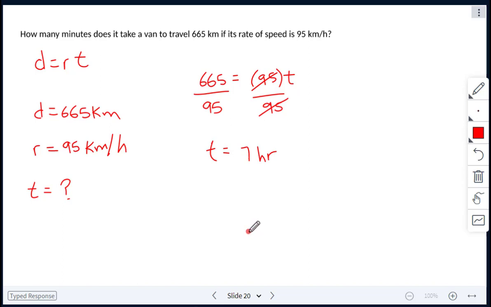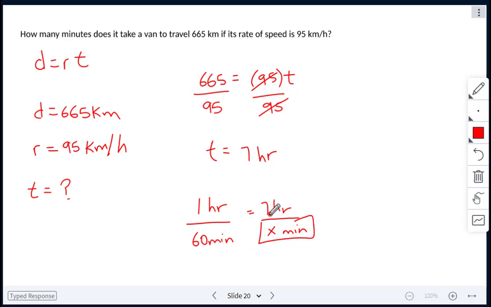So we know 1 hour has 60 minutes. Okay, and then 7 hours is X amount of minutes. All right, so just cross multiplying.